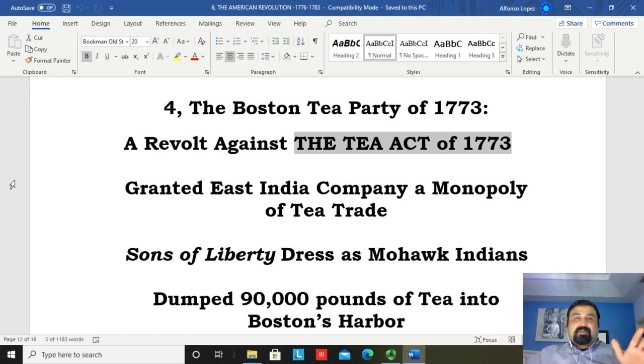There's no way the colonial merchants can compete with the prices the East India Company is going to introduce, because they're going to lower the price significantly, to the point that even if merchants from Boston smuggle the tea, they're not going to compete. It's not going to be a business for them.